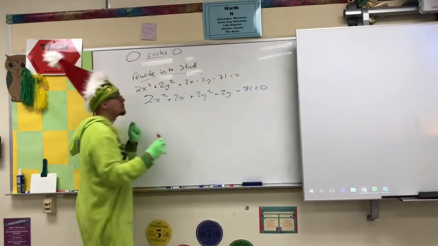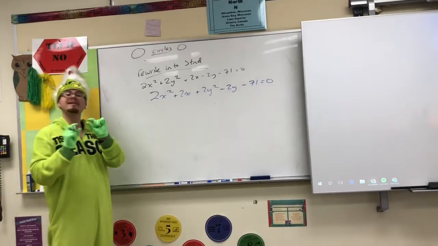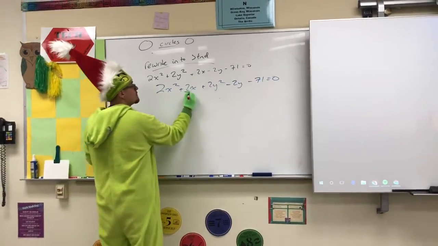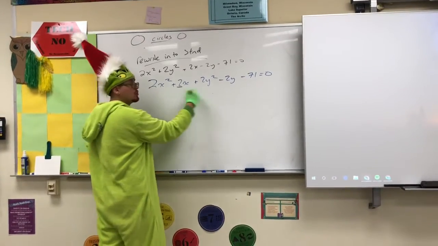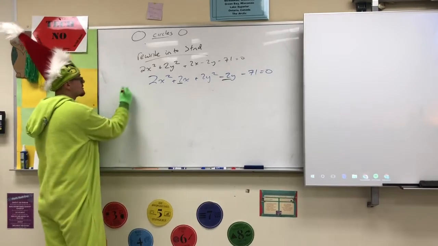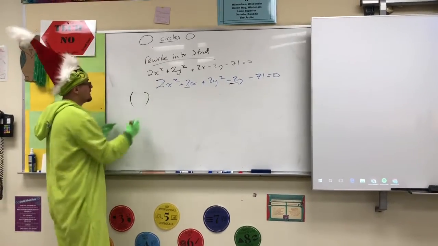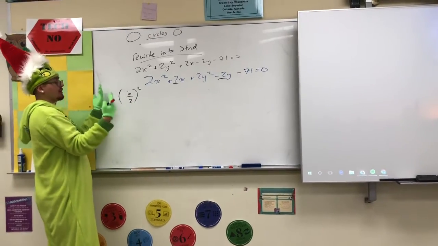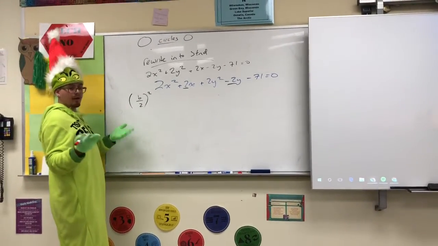Remember, when we're completing the square, we're looking for what we need to add, and we do that by identifying our b value. In our x terms it's 2, and in our y terms it's negative 2. It doesn't really matter for both of these, because what we have to add is b over 2 squared, which in both cases is 2 divided by 2, which is 1 squared, which is just 1.